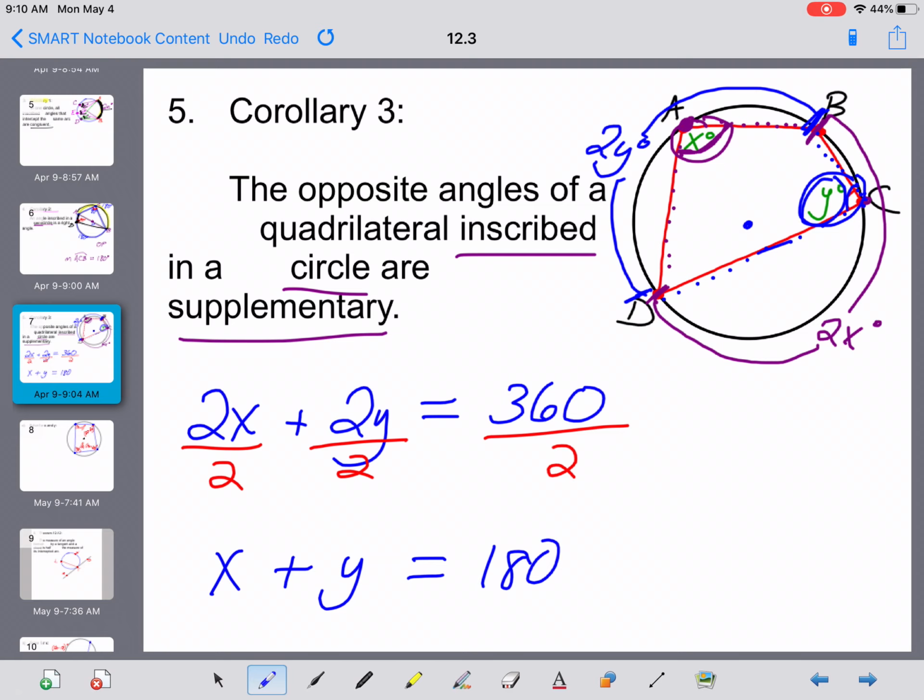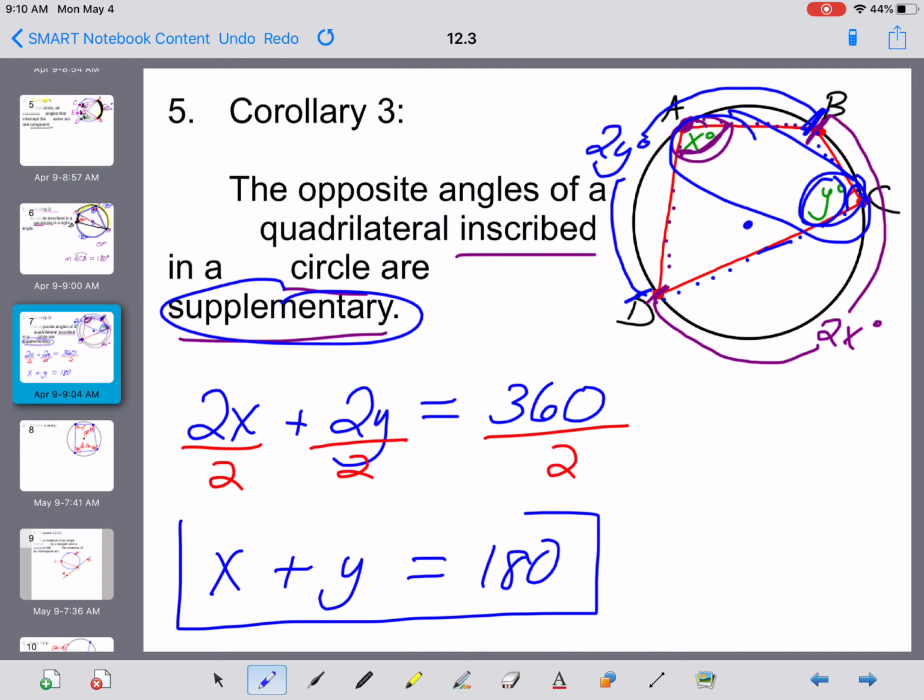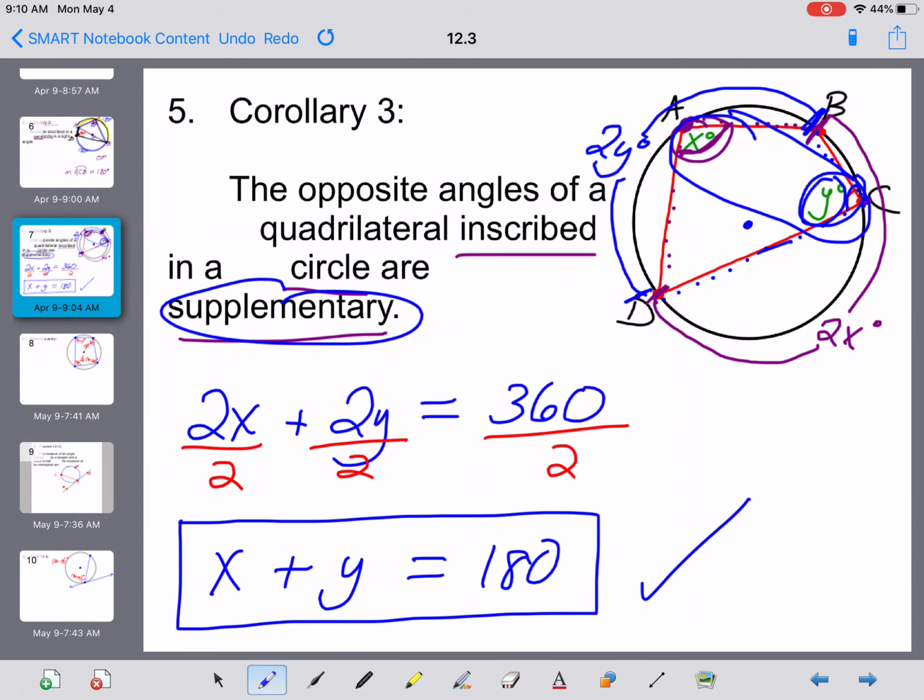This corollary said that these two angles right here, the x and the y, had to be supplementary. And the definition of supplementary is two angles whose measures add up to 180 degrees. So that's kind of a quick informal proof of that particular corollary.